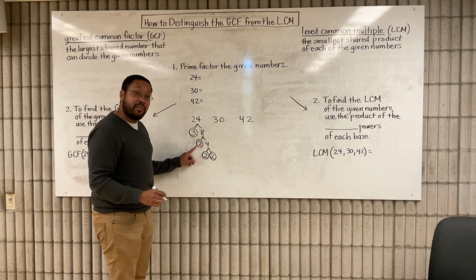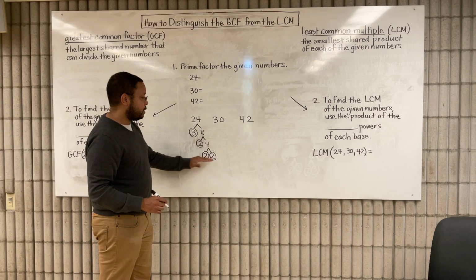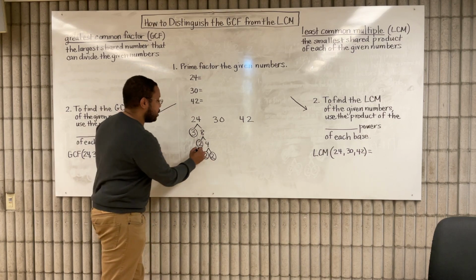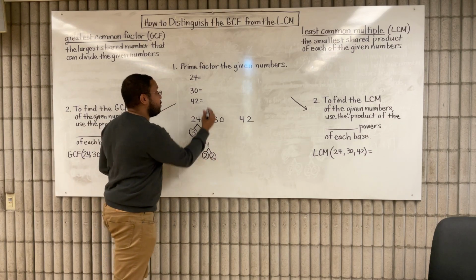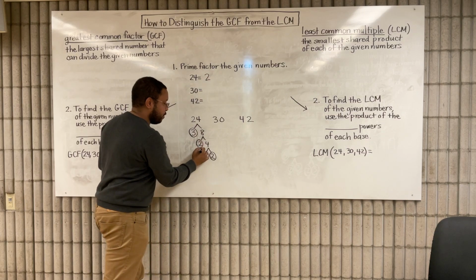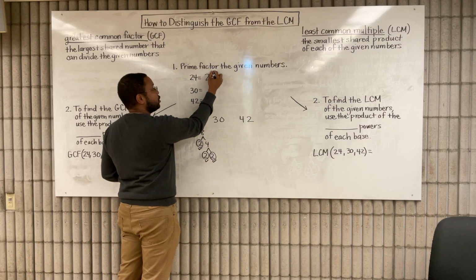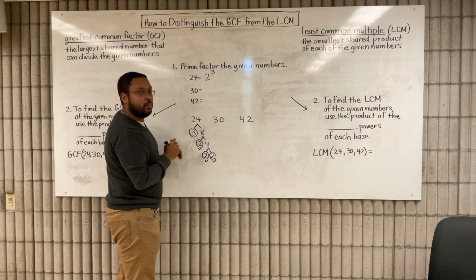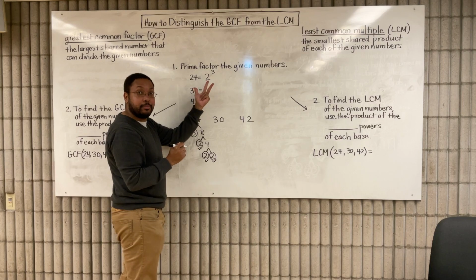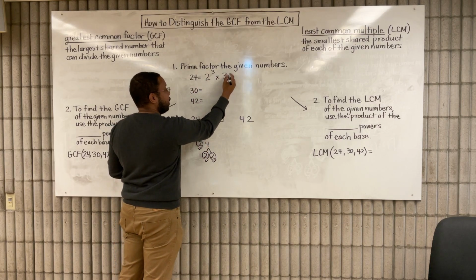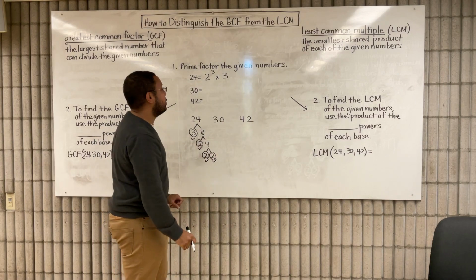So the abbreviated version of writing out 2 times 2 times 2 times 3, where I'm only going to copy down my prime numbers: what factor do I see written? 2. How many times is it written as a factor? Once, twice, 3 times. So this would be written as 2 to the third power, which is short for 2 times 2 times 2, times 1 factor of 3, or 3 to the first power, okay?